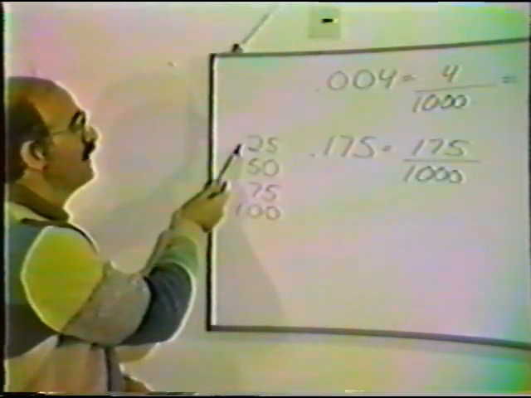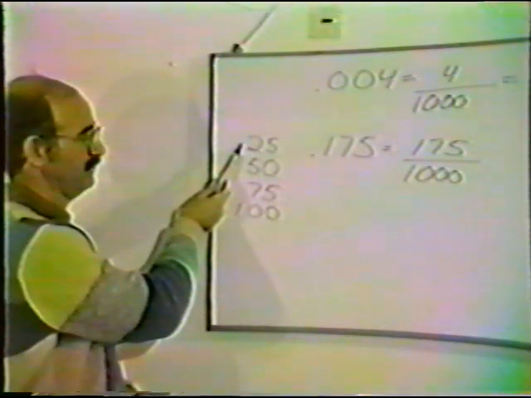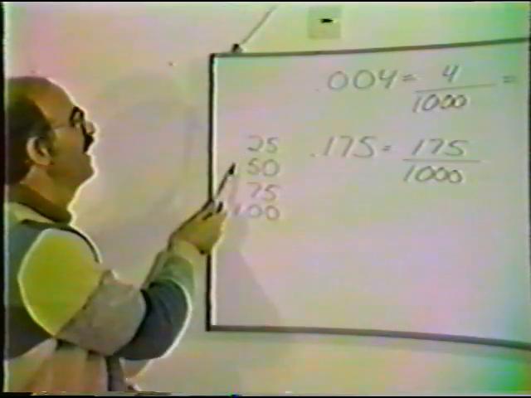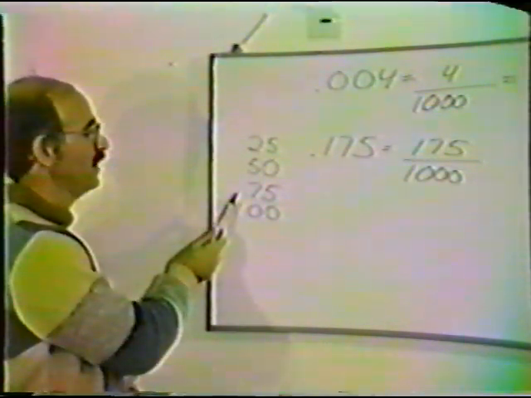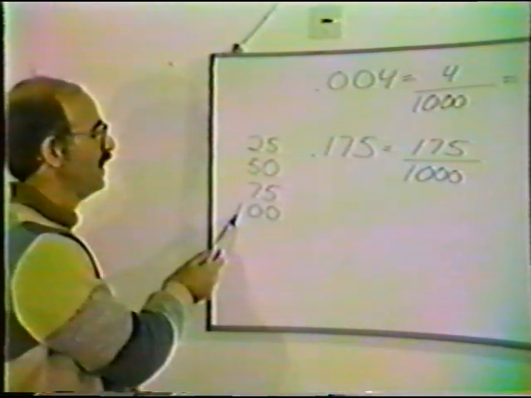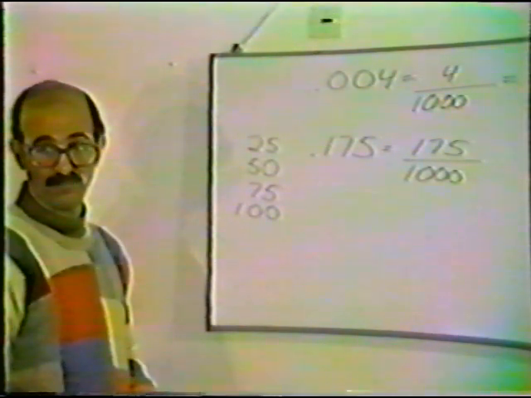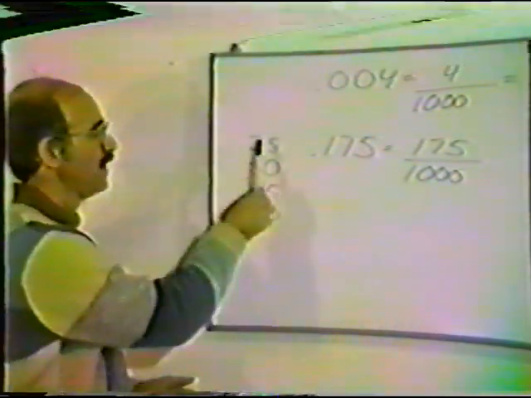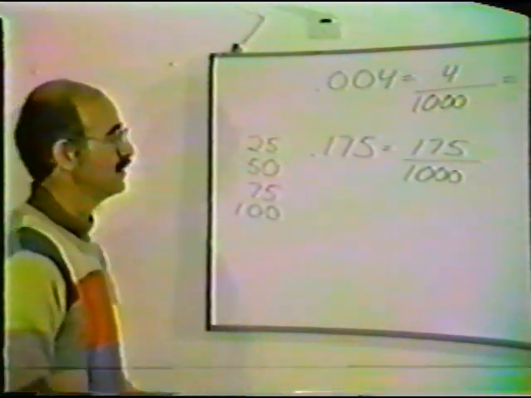How many 25s in 125? 1. That question answered itself. How many 25s in 50? 2. How many 25s in 75? 3. How many 25s in 100? 4. So that's a piece of useful information, to be able to count by 25s up to 100.